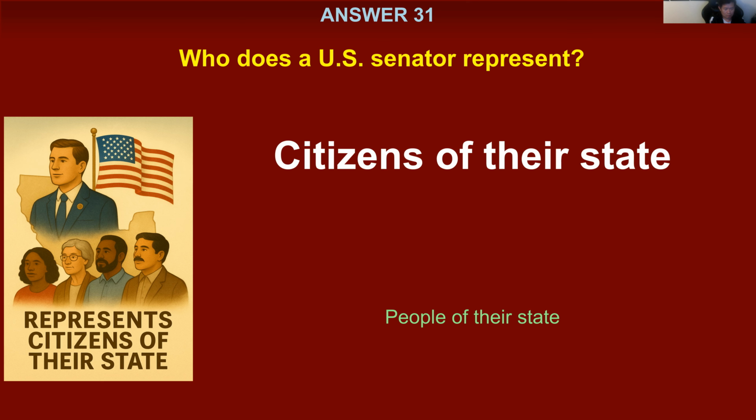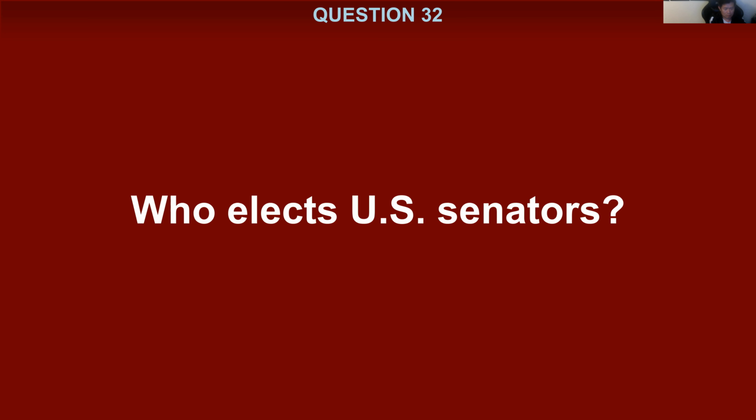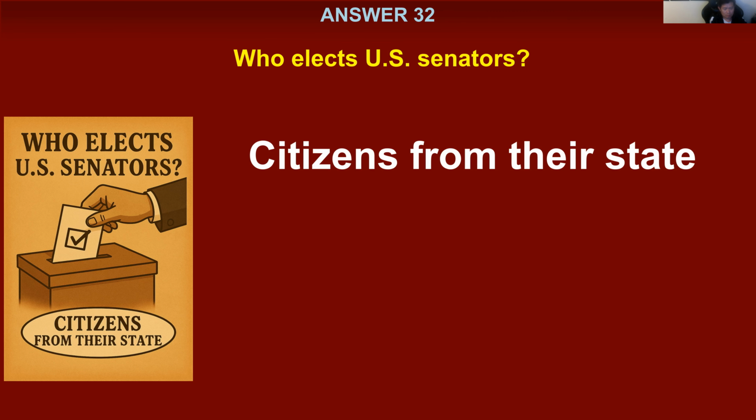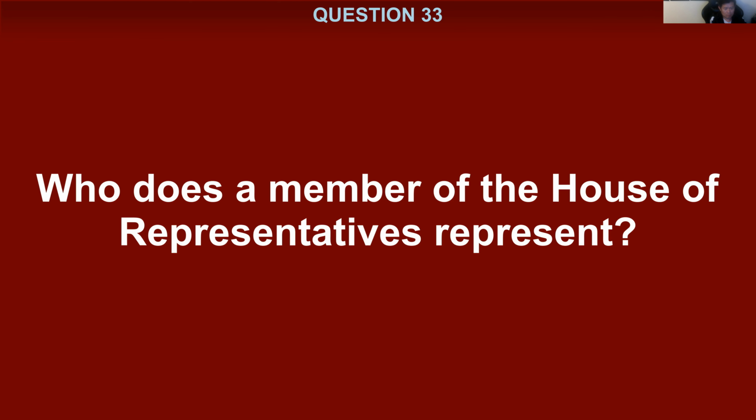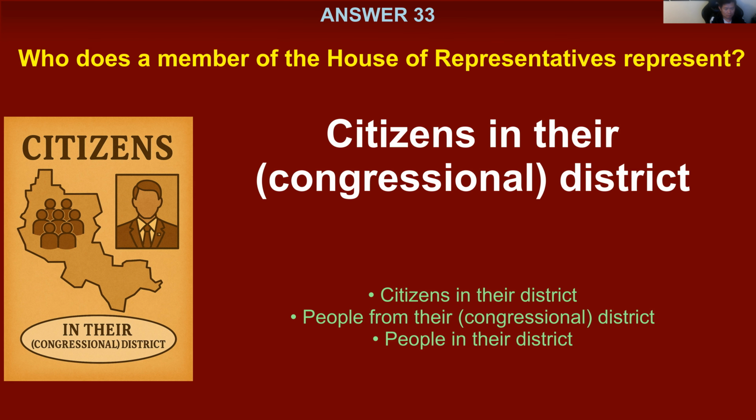Citizens of their state. Who elects U.S. Senators? Citizens from their state. Who does a member of the House of Representatives represent? Citizens in their congressional district.